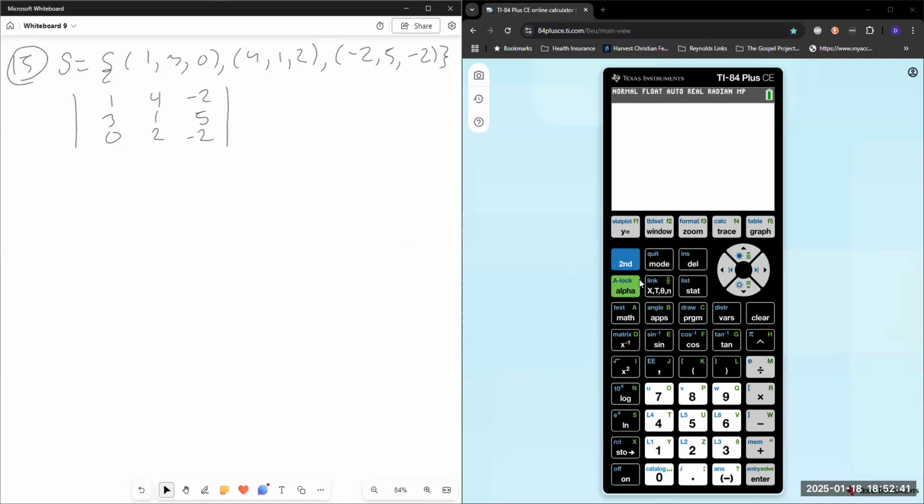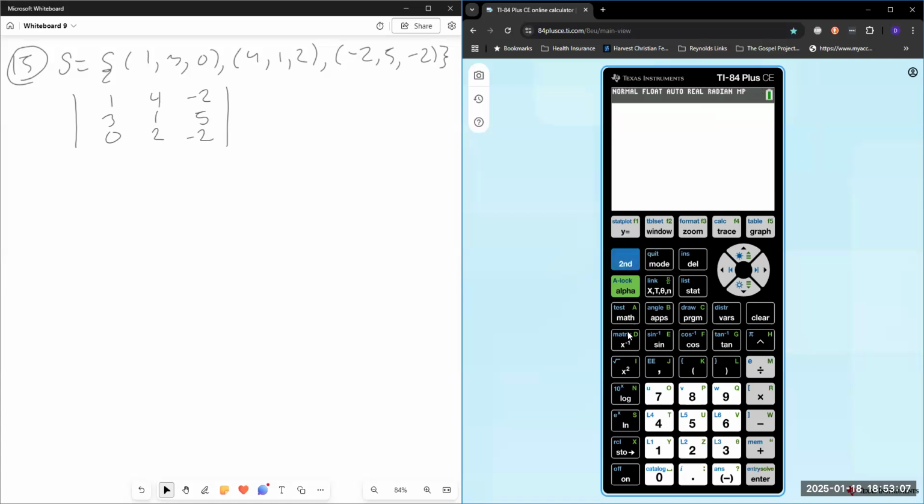Let's come to our calculator, second matrix, edit matrix A to be 3 by 3. We want 1, 4, -2, 3, 1, 5, 0, 2, -2.